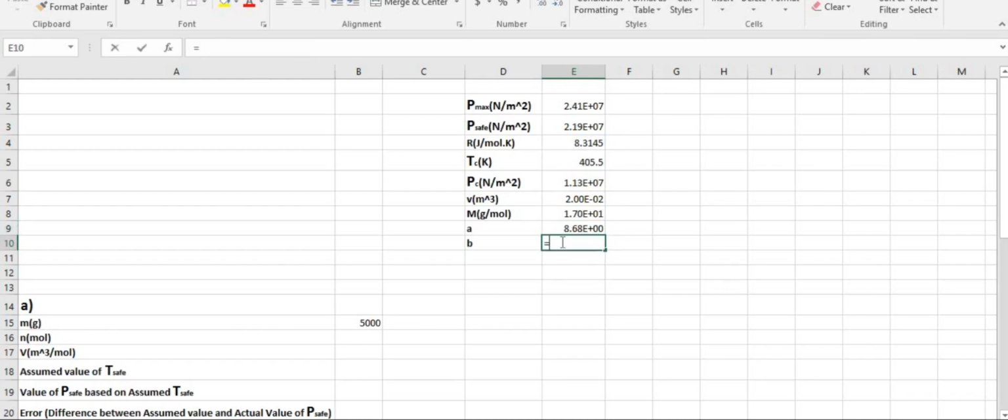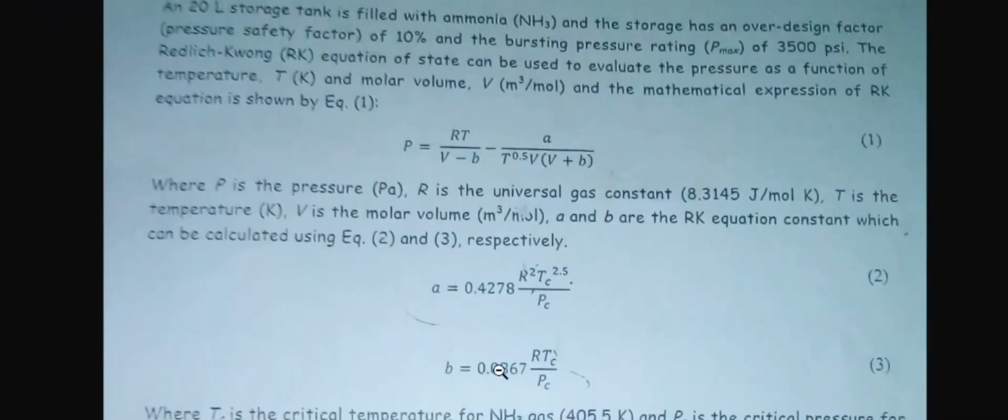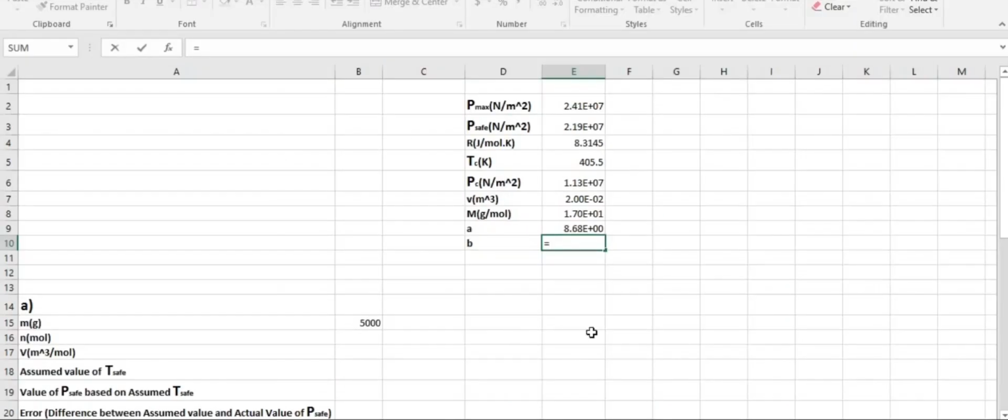Your value of B will be equal to 0.0867 multiplied by R multiplied by TC divided by PC. So you come here and put your equal to sign and then put the things in the numerator in a bracket.